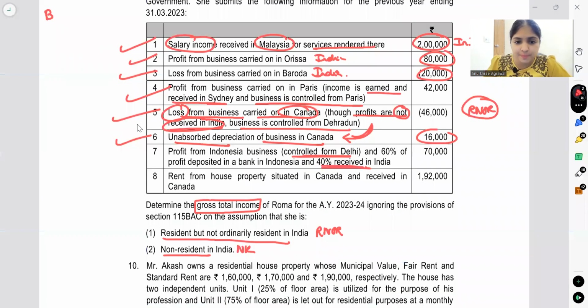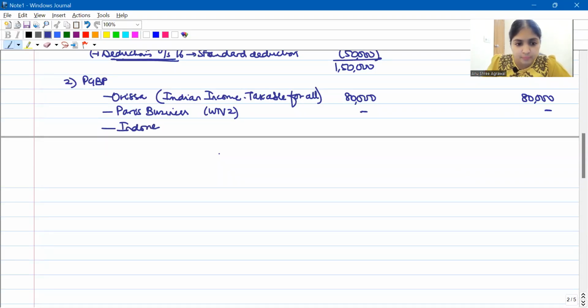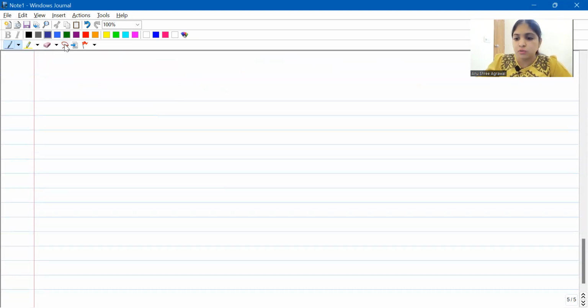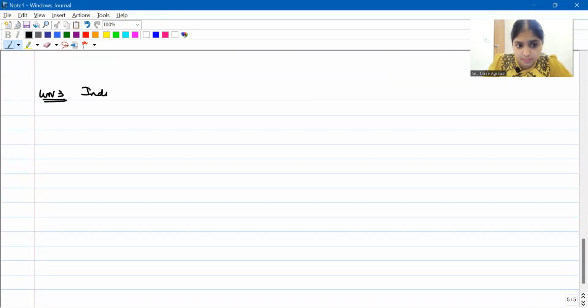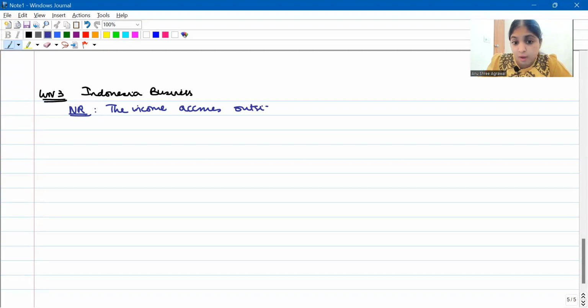Write down over here the next point, Indonesia business, and give reference to working note number 3. After your second working note, open the third working note number 3. Give the heading Indonesia business. Under this, write down the subheading non-resident and write down the income accrues outside India.